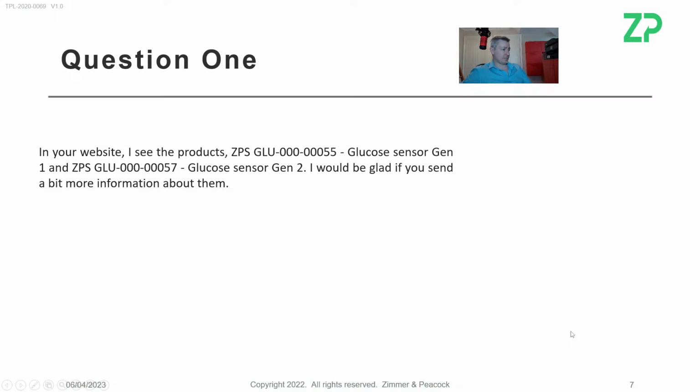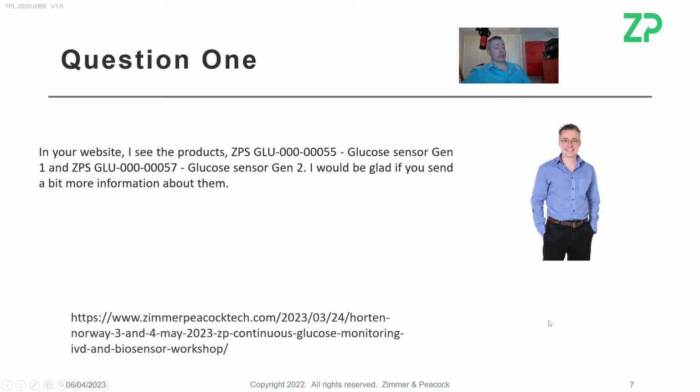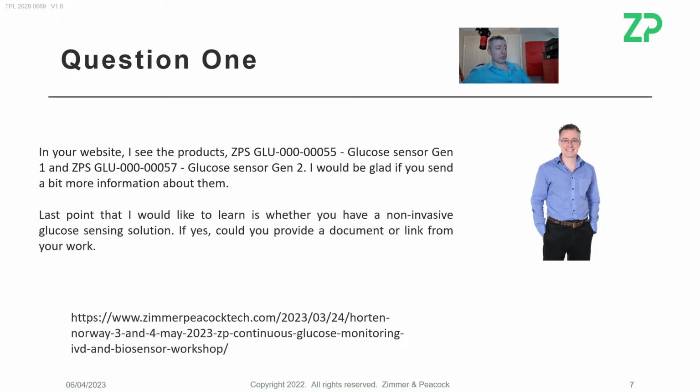Question number 1. We were asked to really deep dive into our generation 1 and our generation 2 glucose sensors. If you see a link pop up at any point, then that's me highlighting some background information that's useful. So generation 1 glucose sensors, generation 2 glucose sensors, big differences.